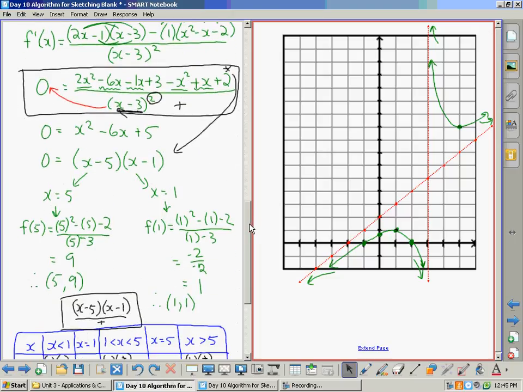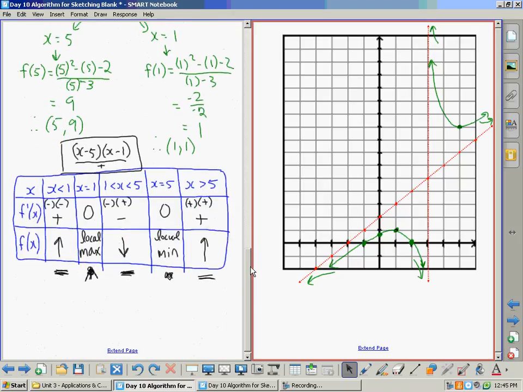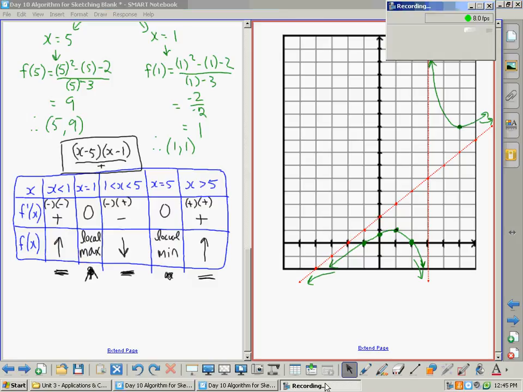In this case, 5 and 1. We took those, sub in to find those actual coordinates. And then we do our table where we investigate the derivative and determine if those critical points are maxes and mins. Take all that together and we have our graph.